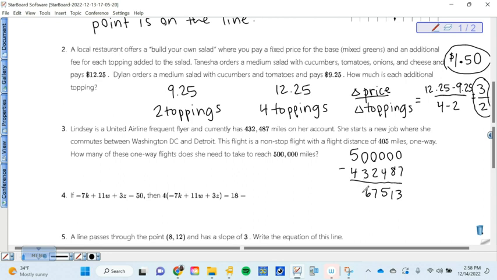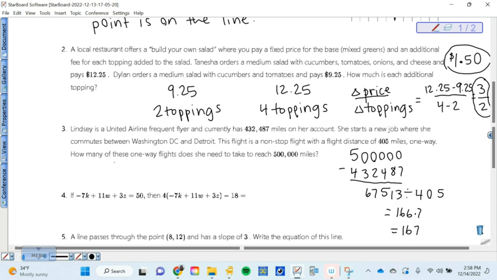And then what do we do with that number? Divide it by 405. Good. Which gives us what? Can you go on 0.7 of a flight? So 167 is the better answer.